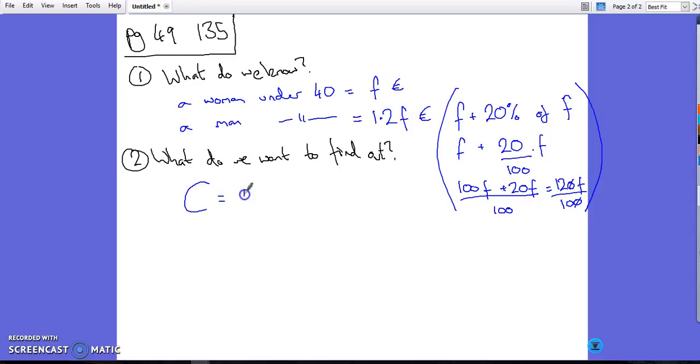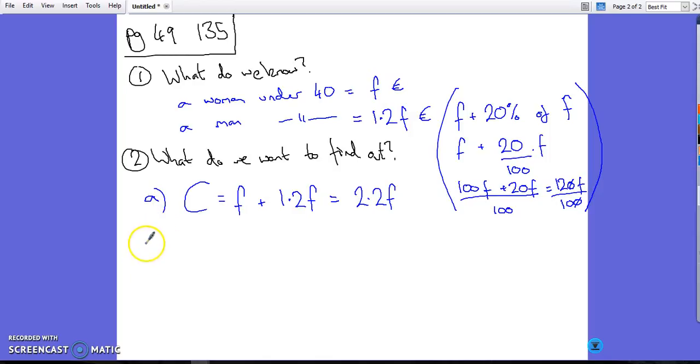So for the woman they'll pay F euros. For the man they'll pay 1.2 times F euros, which of course we can simplify because this is 1F plus 1.2F, that's 2.2F. So 2.2 times F is the total cost that they will pay. And that's then part A done.